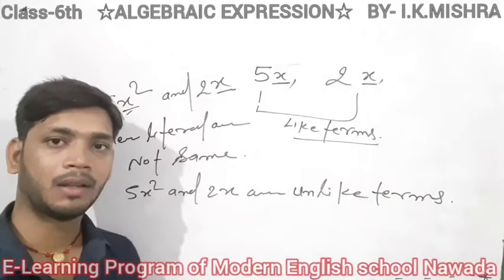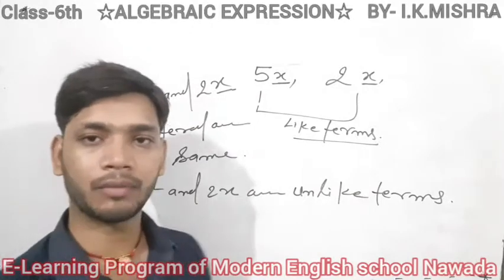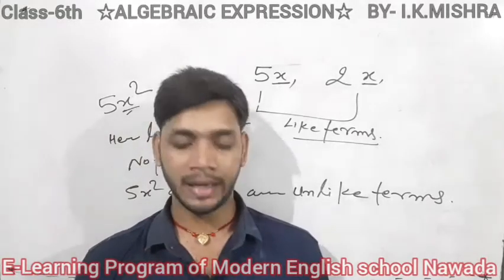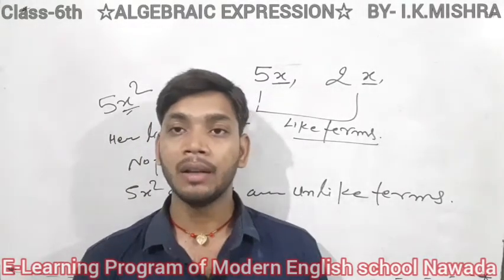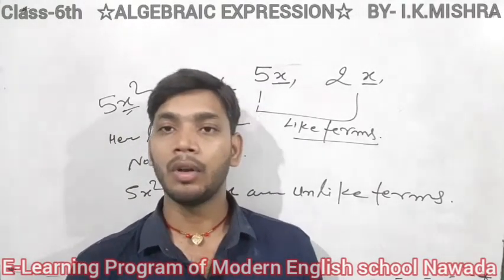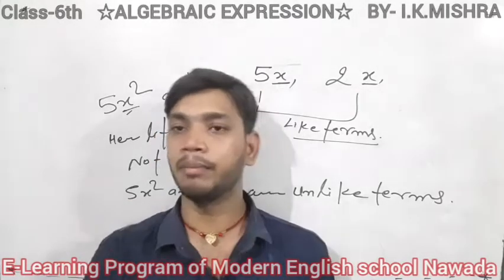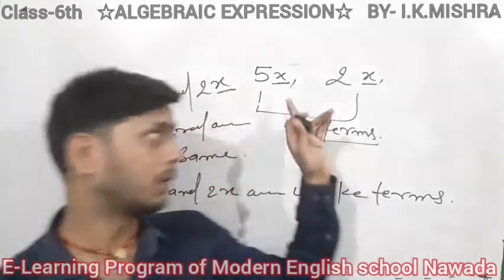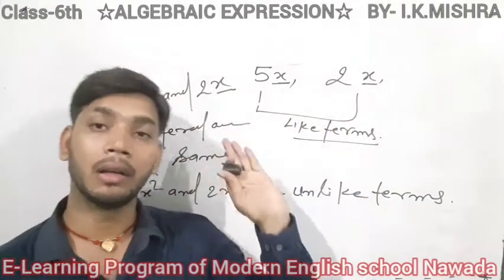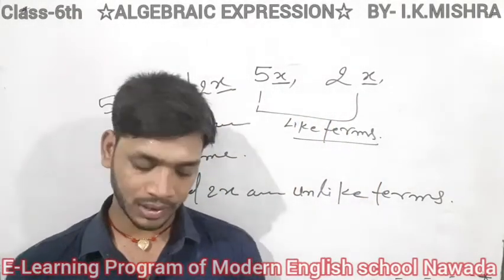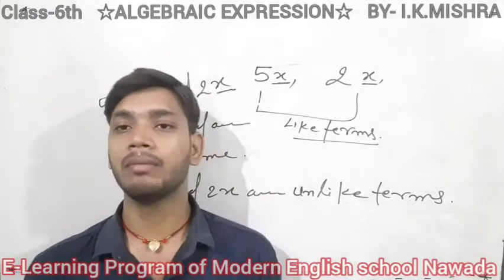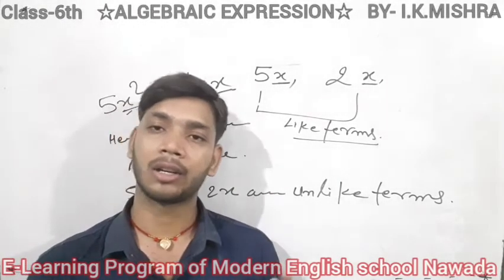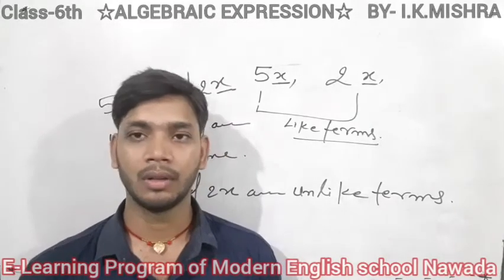Clear students? Like terms and unlike terms. That means in an algebraic expression the terms which have the same literals, same variables, are called like terms, and which do not have the same literals are called unlike terms.